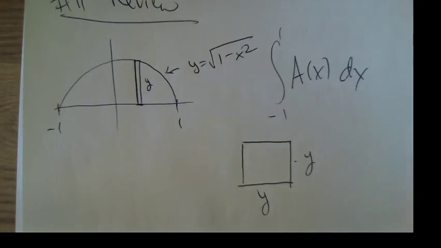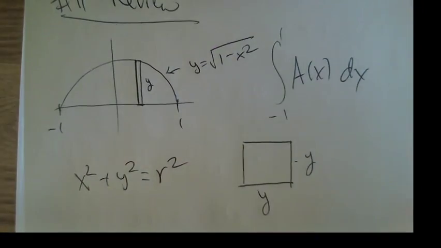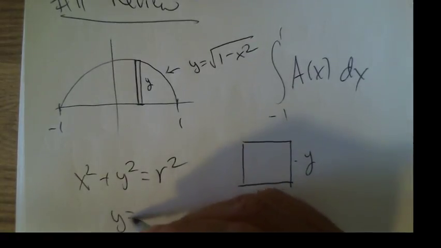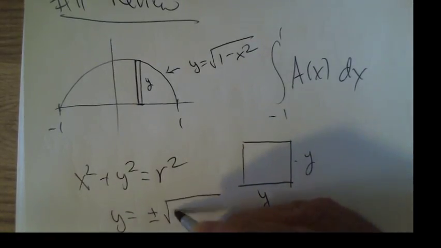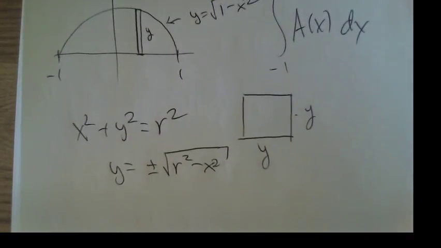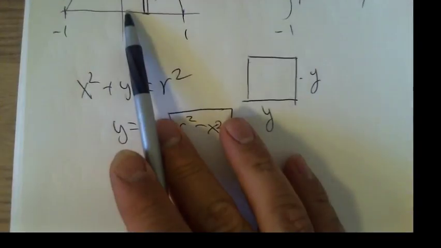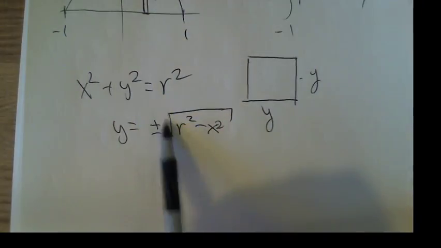Okay, so keep in mind that this is the general form of our equation of a circle. If we solve for y, we get something like this. Okay, and since we're in the upper half, we chose the positive one.